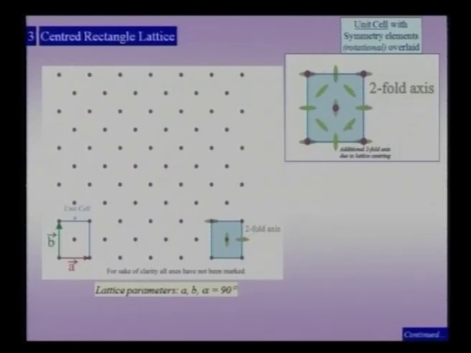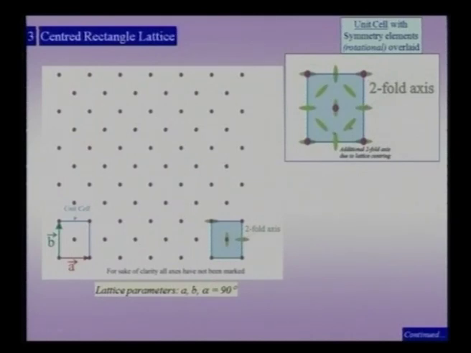So suppose I take a diagonal and I take half the diagonal, then there is a two-fold operator located exactly at the middle of half the diagonal, or in other words, at 1/4 distance along the diagonal of the rectangle.